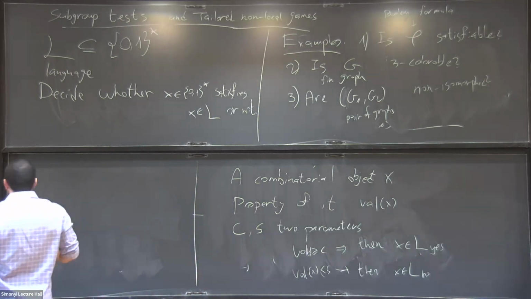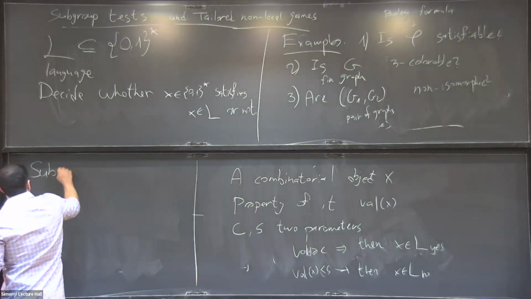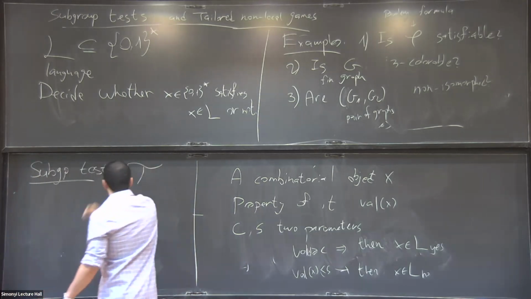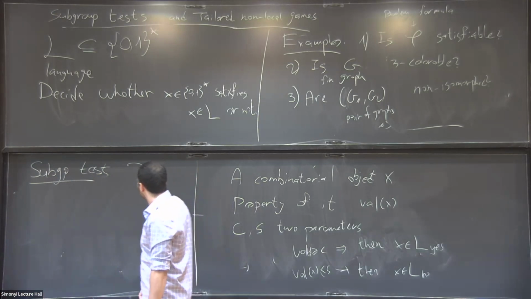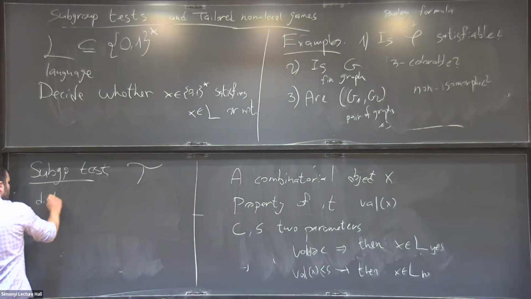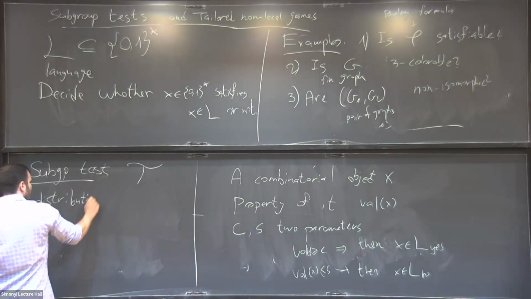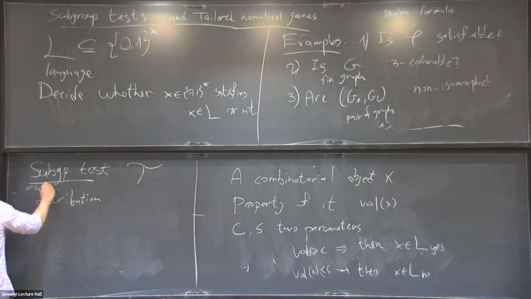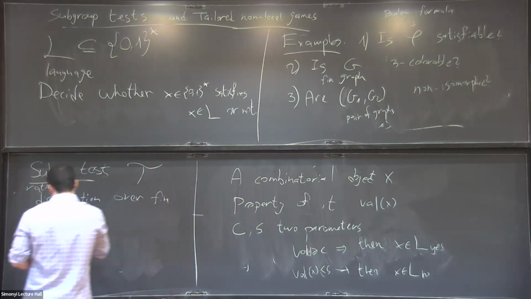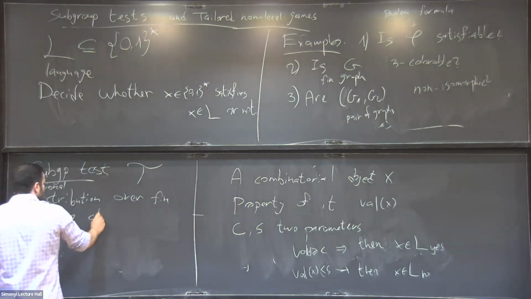But let me just say that a subgroup test, so I defined a single challenge, usually we denote it by curly T, like calligraphic T. It's just a distribution. Okay, let's say a rational distribution, just because I want to encode everything as finite bit strings. So I want even the distribution to be something encoded as a finite thing. So it's a rational distribution over finitely many challenges.